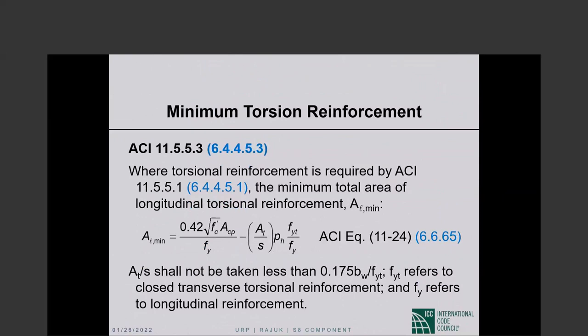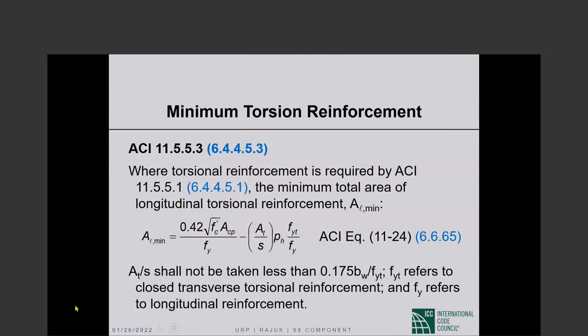Where torsional reinforcement is required by ACI, the minimum total area now of the longitudinal torsional reinforcement is given by this expression. Okay, so minimum transverse reinforcement, minimum longitudinal torsional reinforcement.